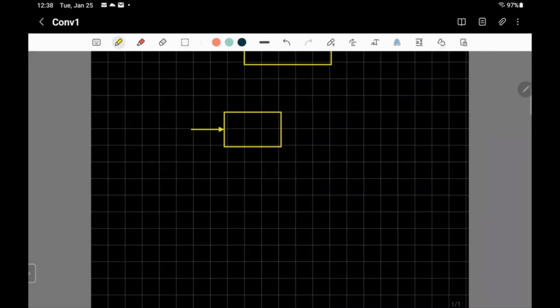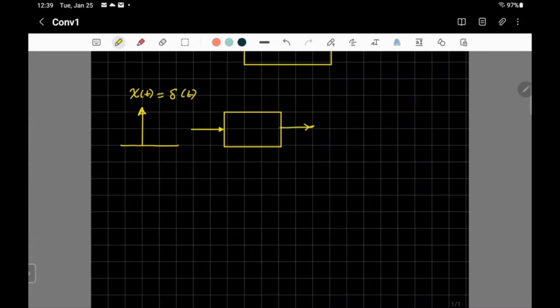Let's say that the input will be a unit impulse at 0. So you can say x of t is equal to delta t. That's the input. So let's say you look at the output and see what's happening.